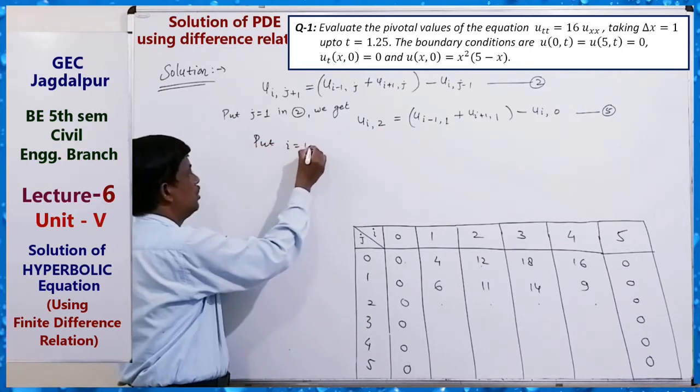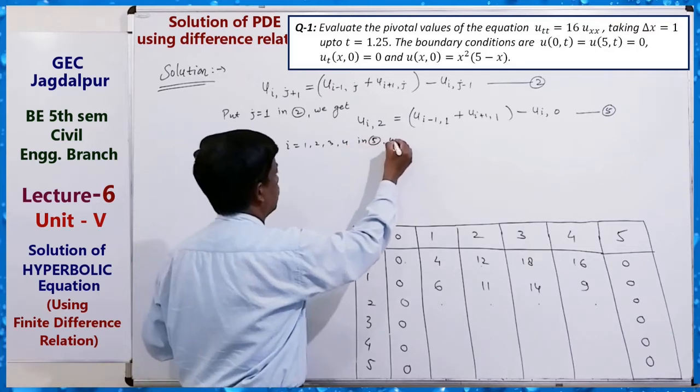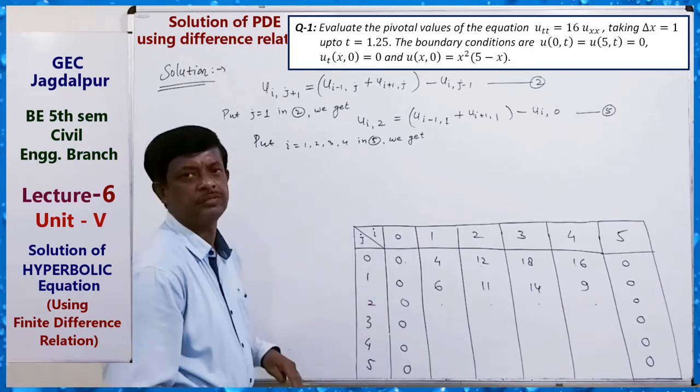Okay, here now put i equals to 1, 2, 3, 4 in 5, we get, just use this formula repeatedly.